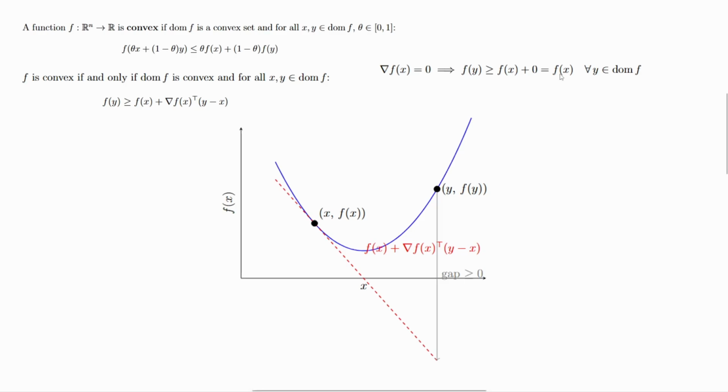Every other point y in the domain of f must be greater than or equal to this point f of x. This is the essential reason why convex optimization is well studied and well understood. It's because we have these properties. This doesn't hold for non-convex optimization, where you don't have these sorts of guarantees.